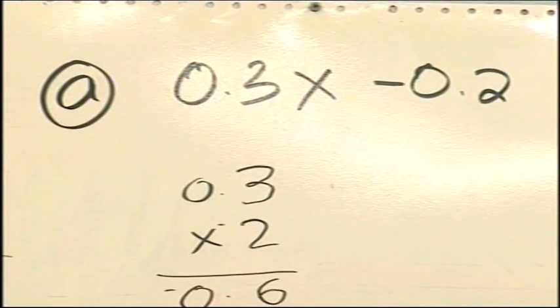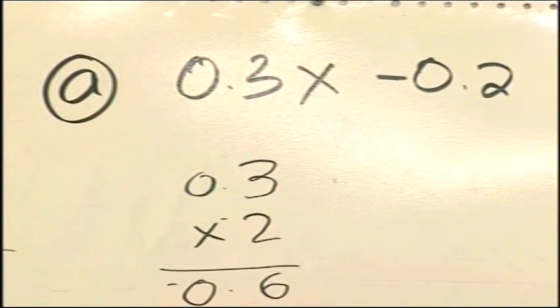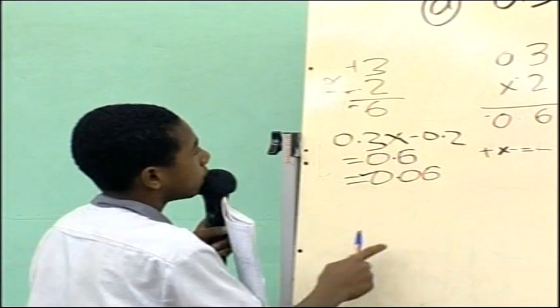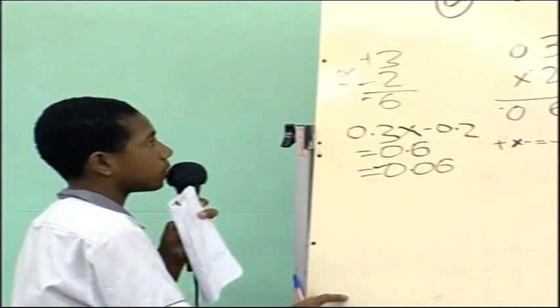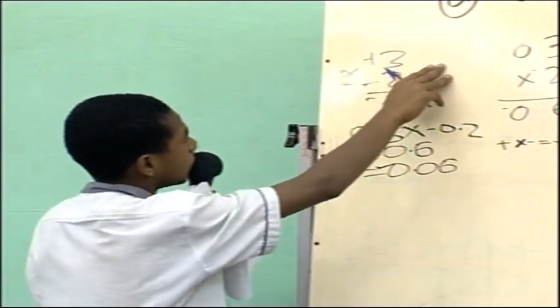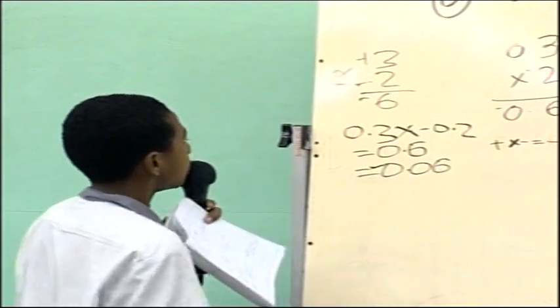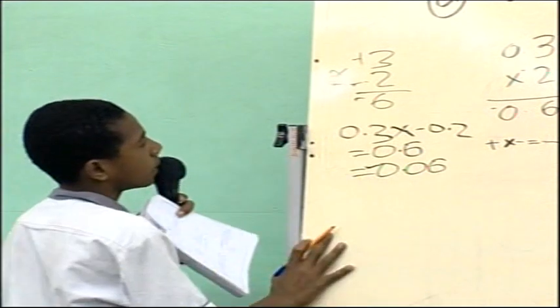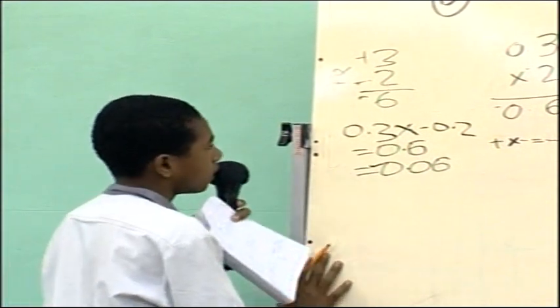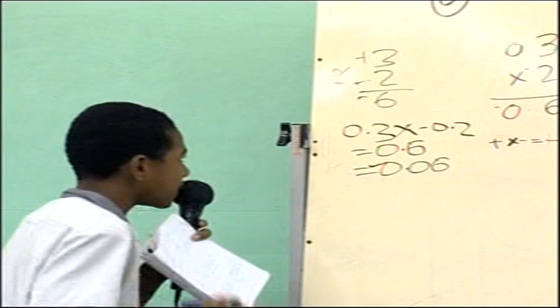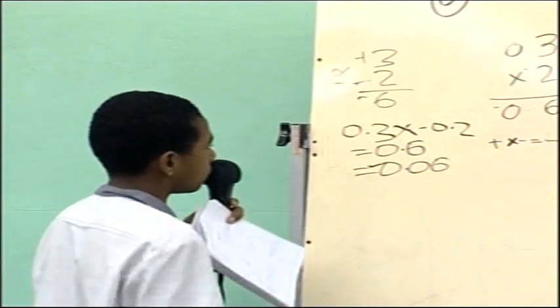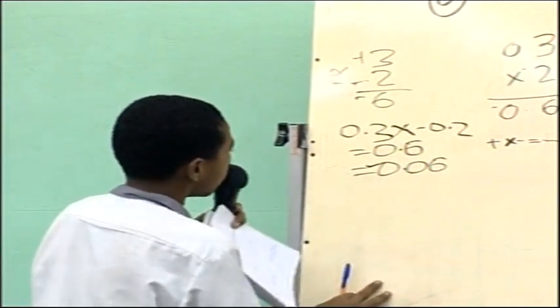Okay, rule number 2 says write the number sentence as whole numbers. So positive 3 times negative 2 gives you negative 6, and you reflect back to the number sentence again.